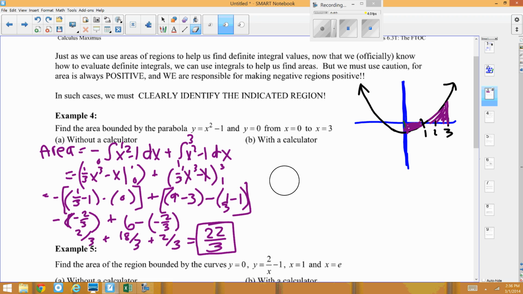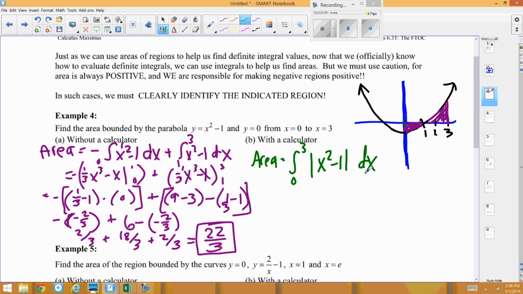Now, your calculator is going to make that bottom part negative. You don't want it to. So then there are two ways: you break it up, or what you can do on your calculator is say the area is equal to, it's good to label what you're talking about, the integral or the accumulation from 0 to 3 of the absolute value of x squared minus 1.